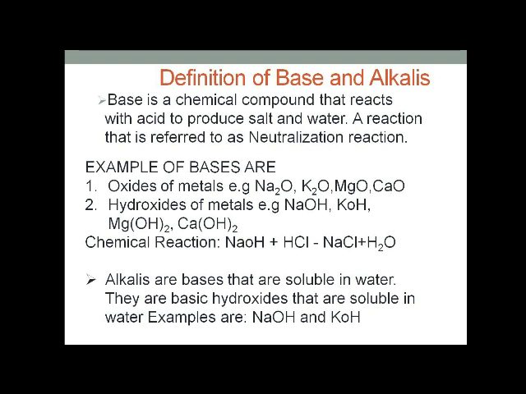Examples of hydroxides of metals are sodium hydroxide, also known as caustic soda, potassium hydroxide, magnesium hydroxide, and calcium hydroxide, which is also referred to as lime water. A typical example of acid reacting with bases to form salt and water is a reaction between hydrochloric acid and sodium hydroxide to form sodium chloride salt and water.